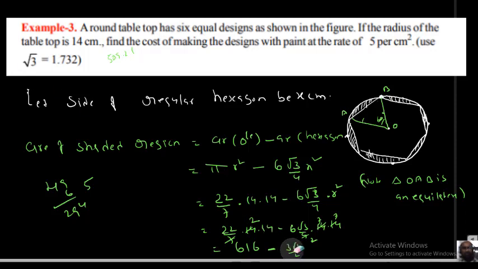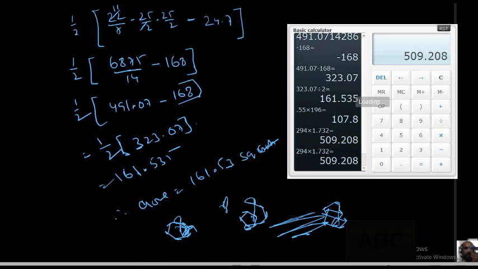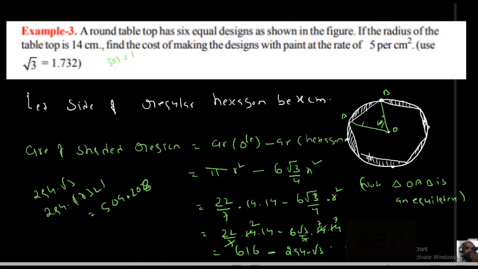Okay, I will write 294 into root 3. I should find that now. 294 into 1.732 gives 509.208.